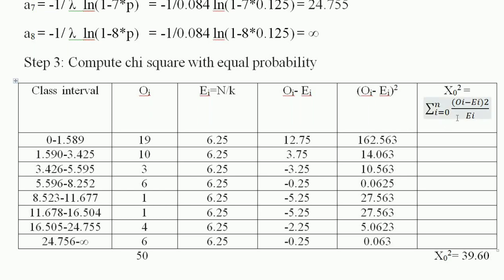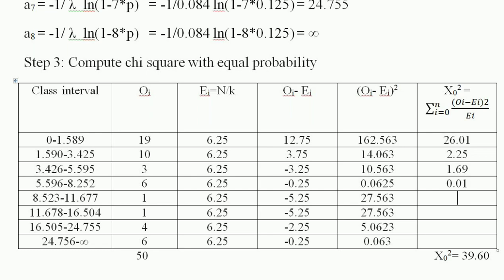Now we have to calculate the chi-square test using this formula, that is OI minus EI whole square divided by EI. OI minus EI whole square we calculated here, and the value of EI we calculated here. The value of EI is nothing but 6.25 for all the 8 intervals. So 162.563 divided by 6.25, you are going to get 26.01. And 14.063 divided by 6.25 is 2.25, and the next value you are going to get is 1.69, and the next value is 0.01.